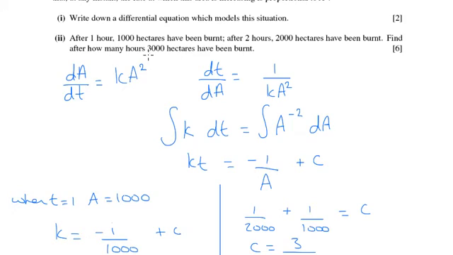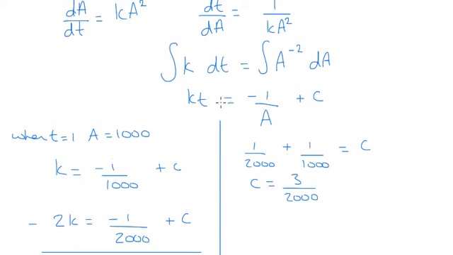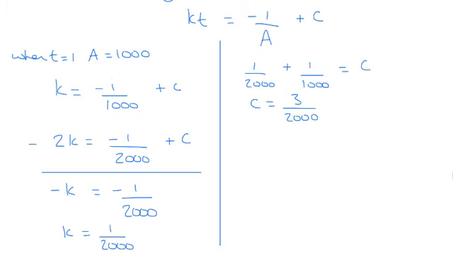We can do our last step and find out the number of hours it takes for 3,000 hectares to be burnt. So we're going to use this equation here, but with our K and with our C. So that's T over 2,000 equals minus 1 over 3,000 plus 3 over 2,000.